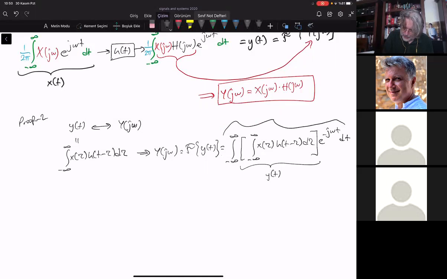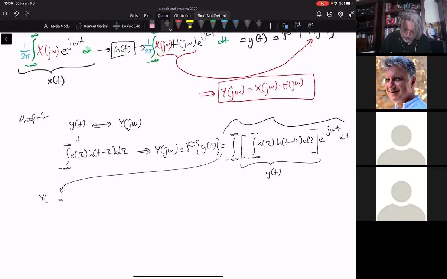Now that thing is equal to, we have a few integrals. d tau is somewhere and dt is somewhere. So let's try to interchange the places in such a way that the outermost integral will be related to tau.